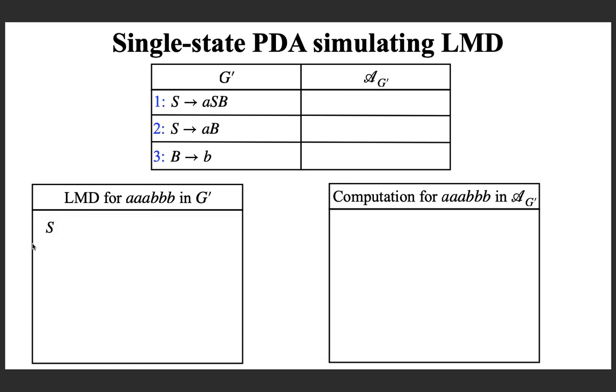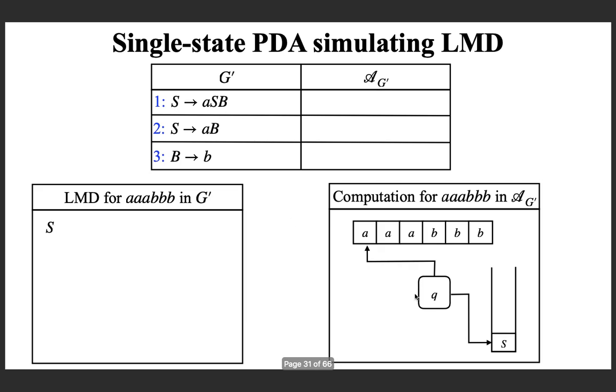To start with, capital S is the start symbol, so the derivation starts with capital S. And if you recall the idea that we discussed in the previous slide, whatever be the next variable for which we have to apply a production, that will be the top of stack symbol. So this is what we wanted.